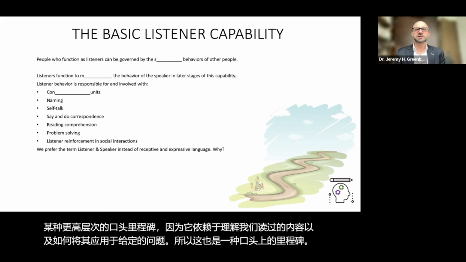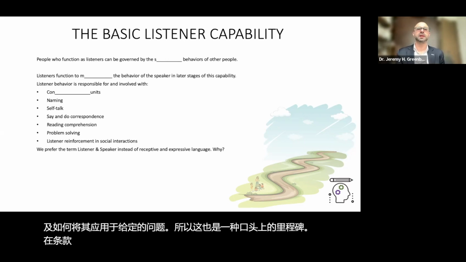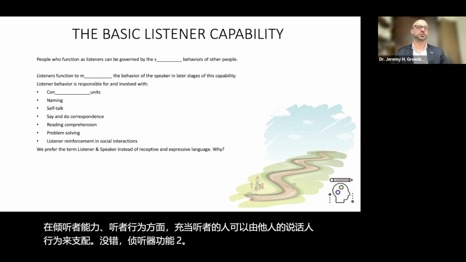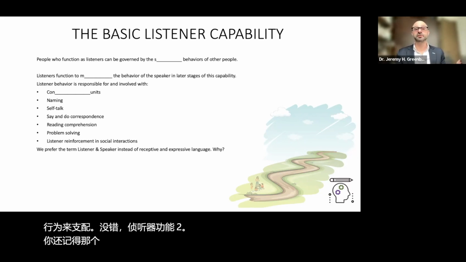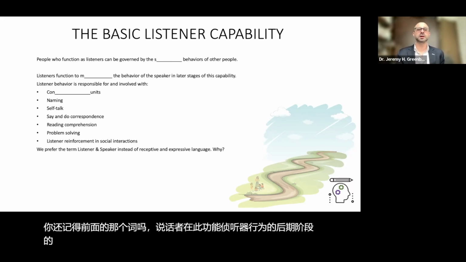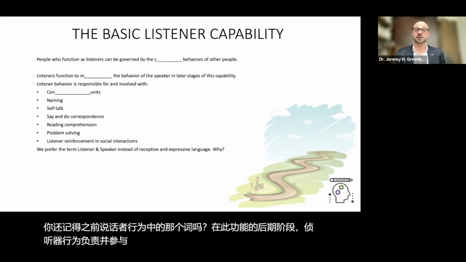In terms of listener capability, listener behaviors, people who function as listeners can be governed by the speaker behavior of others. That's right. Listeners function to, remember that word from earlier, mediate the behavior of the speaker in later stages of this capability. Listener behavior is responsible for and involved with conversational units, naming, self-talk, which is a very important capability.